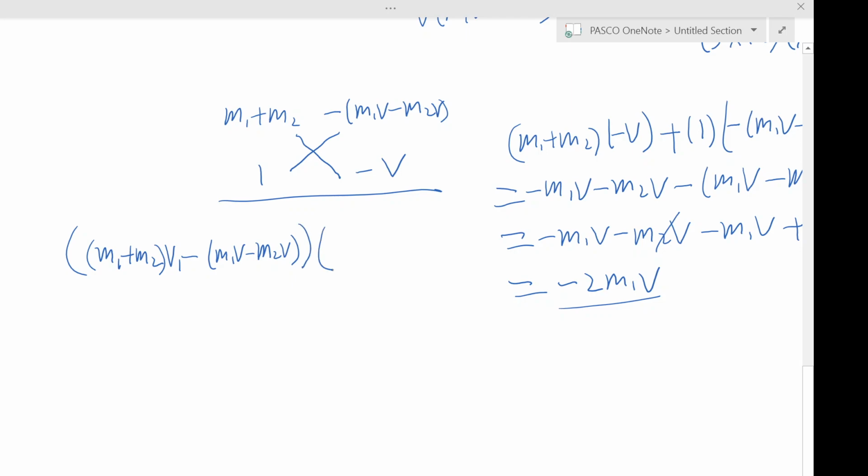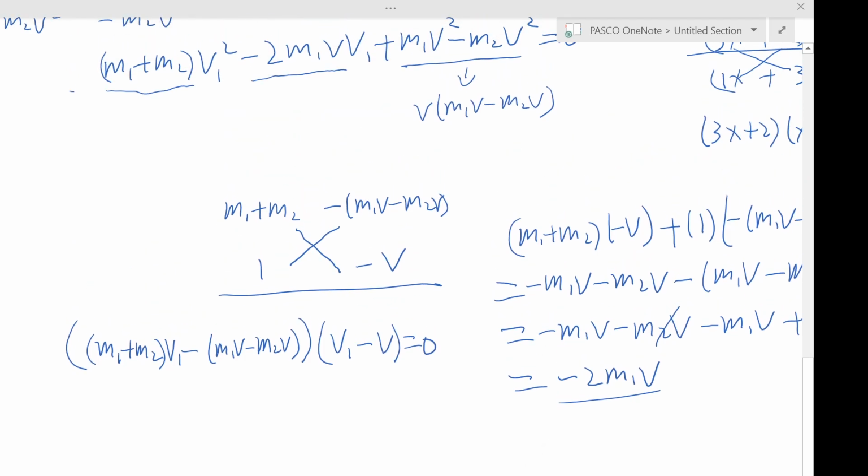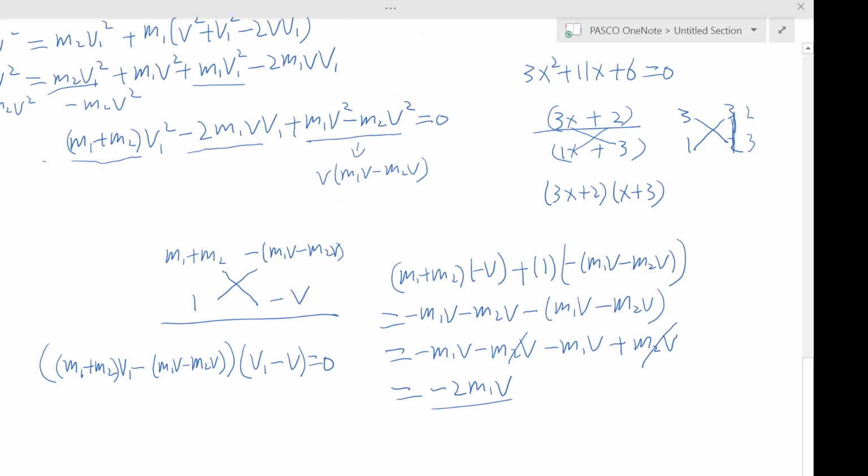The other factor is v1 minus v equal to 0. So this is just how you write your result after you get your crisscross. Basically you put v1 here and v1 here, and then you add this term, then it becomes the first factor, then this becomes the second factor.